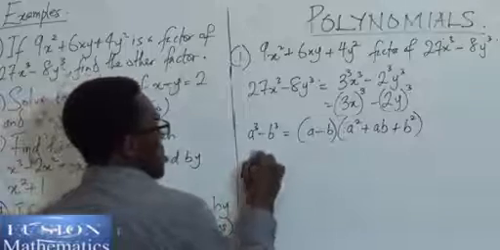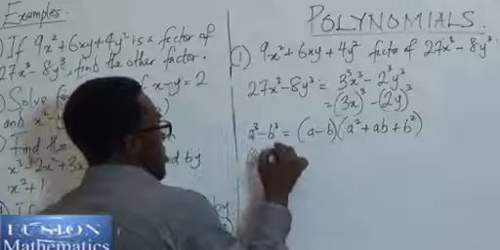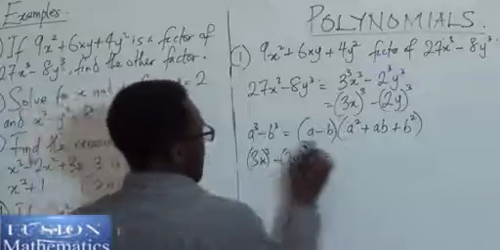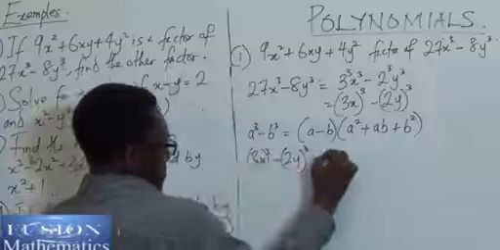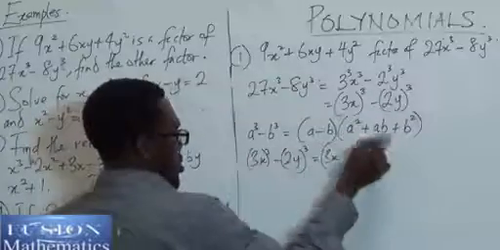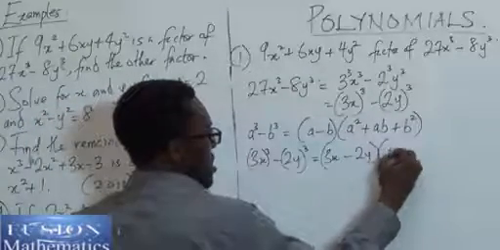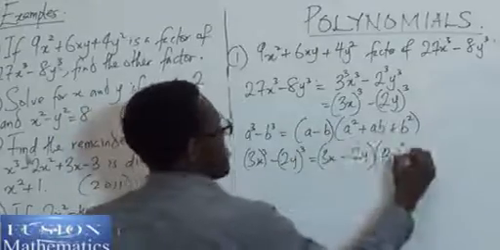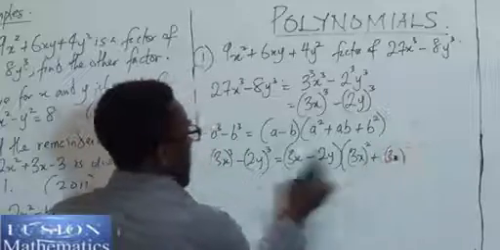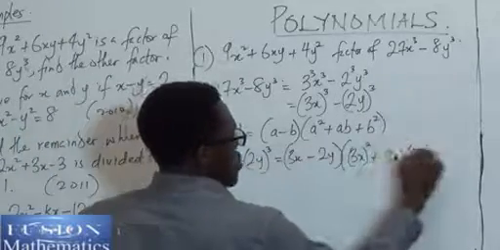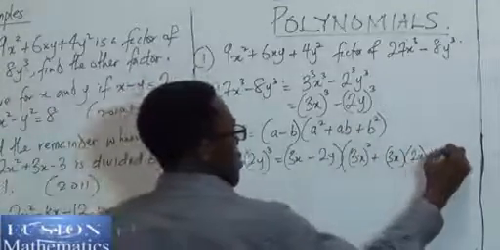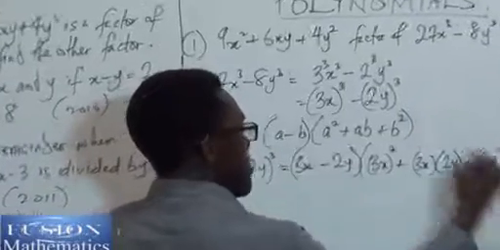Since this is equal to 3x cubed minus 2y all cubed, if we expand it, we have 3x minus 2y, then for this one, bracket 3x squared plus 3x times 2y, since it's ab, then plus b, that's this one, 2y squared. Close the bracket.